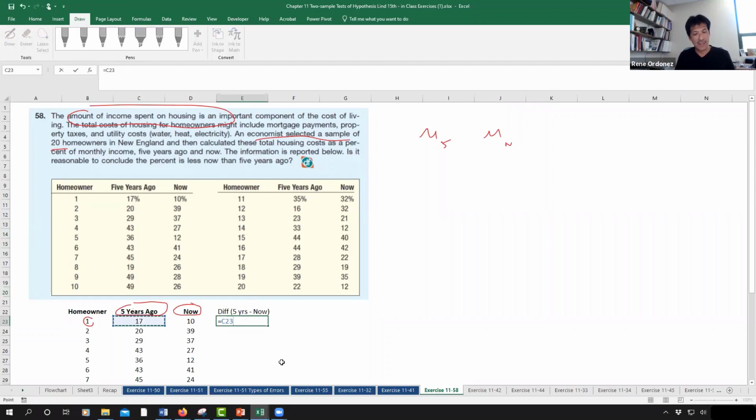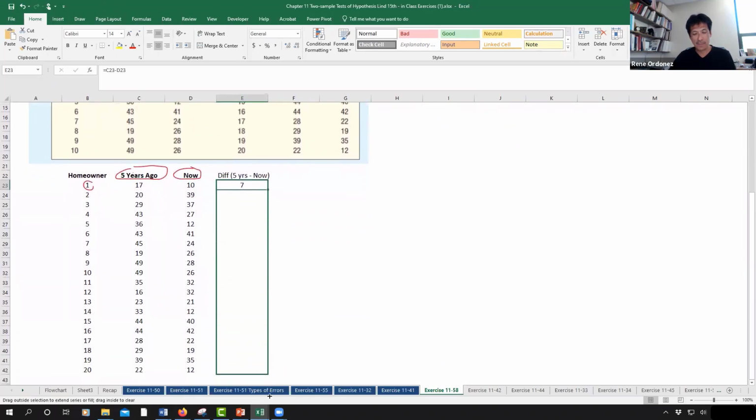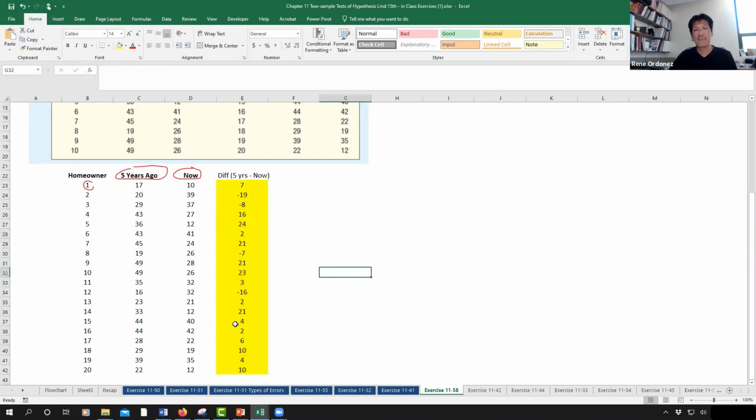We have C23 minus D23, which is the difference in the percent spent by homeowner 1 5 years ago compared to now. Now we'll copy this down. So we see here that most of the differences are actually positive.